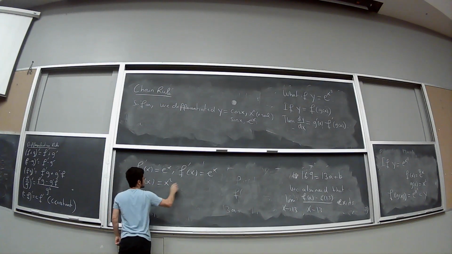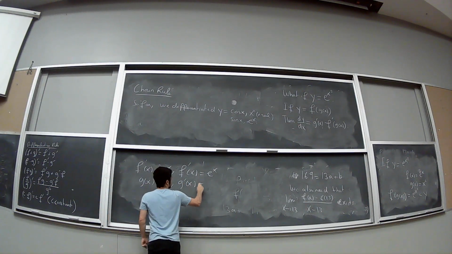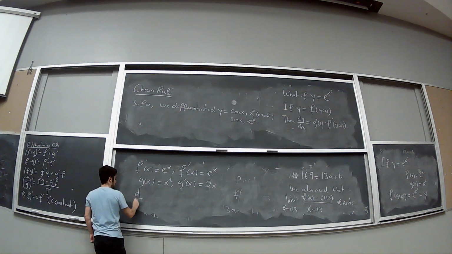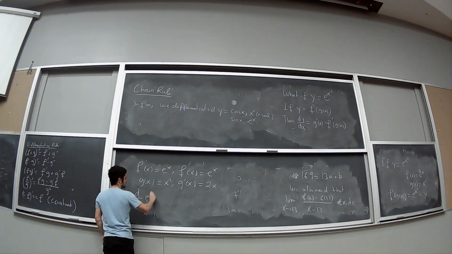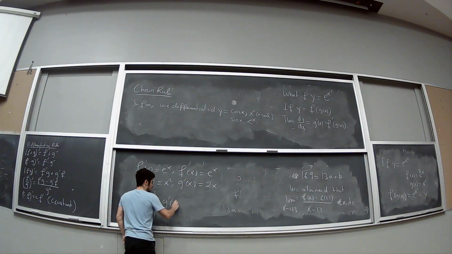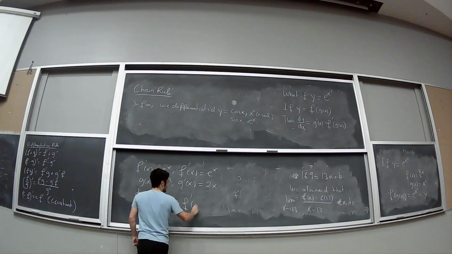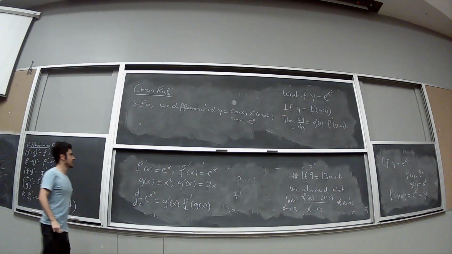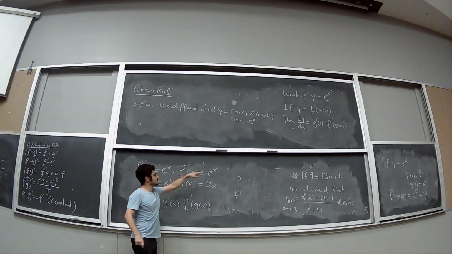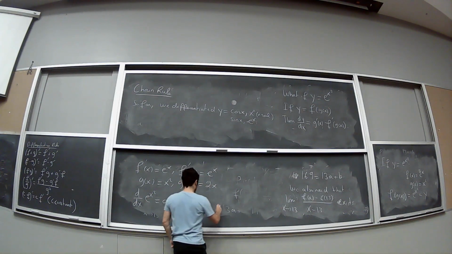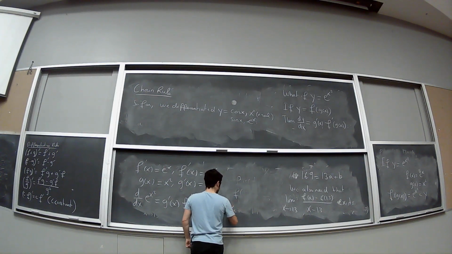What is g prime of x? 2x. So d by dx of e to the x squared, what is that? This is just g prime of x times f prime applied at g of x. So replace the x here by g of x. What is the g of x here? x squared. So this is just g prime of x, 2x, times e to the x squared.